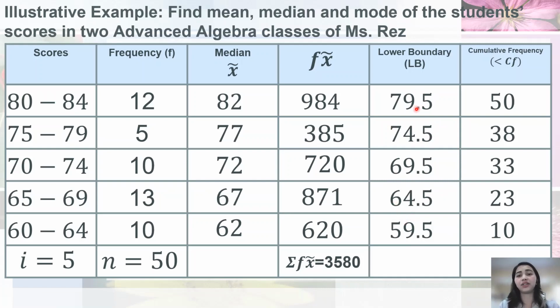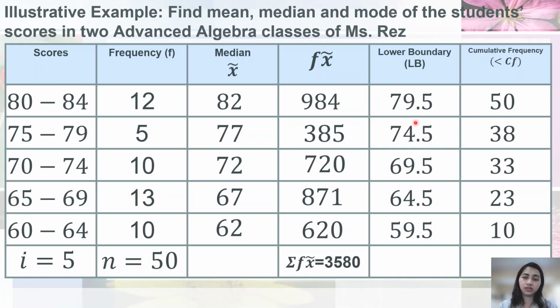We get the lower boundary by subtracting 0.5 from this boundary. So 80 minus 0.5, then we will have 79.5. Then 75 subtracted by 0.5, that is 74.5. We can also subtract the interval.